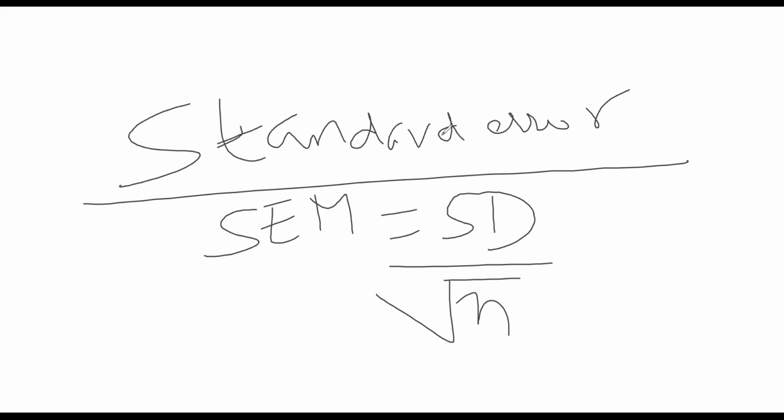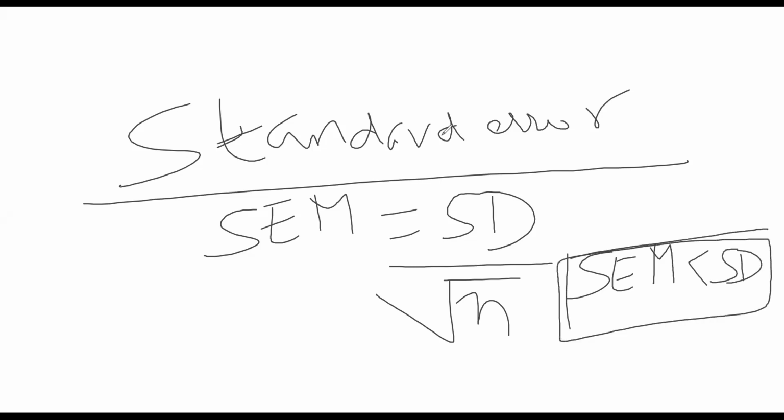So standard error will tell us the precision of our value, the closeness of our value, and standard deviation will tell us the scatter of our values. And as we are dividing by root n, standard error of mean would always be less than standard deviation.